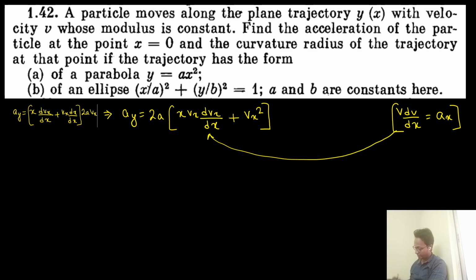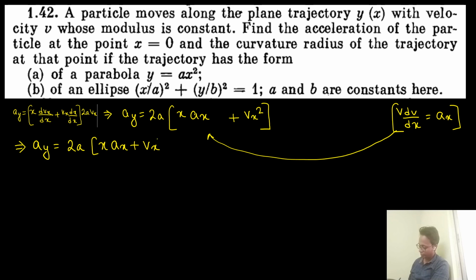Of course I can. If I rewrite this equation, it will be ay is equal to 2a into x ax plus vx square. This is our equation.